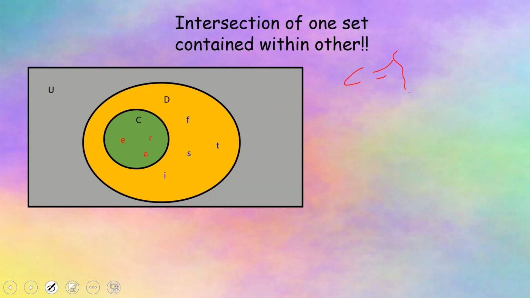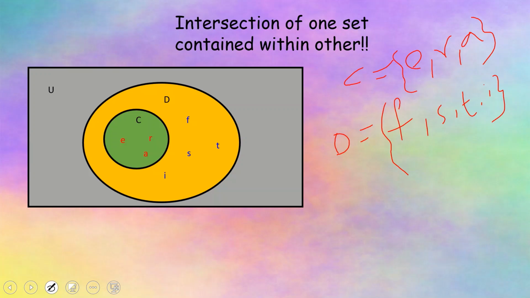C is a set which has elements E, R and A, whereas D has elements F, S, T and I. Then you tell me what is the intersection of C and D. What will be the intersection of C and D? Think, think, use your brain, run your brain quickly.